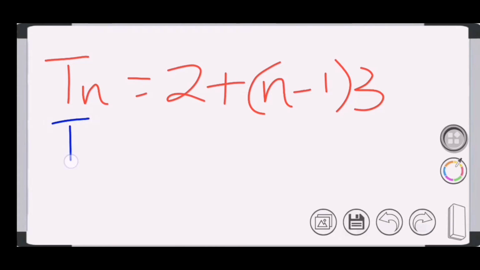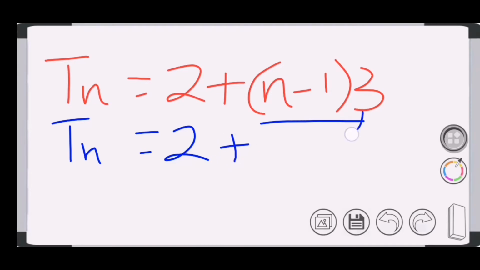So our Tn will be 2, which still remains. We have to solve the bracket first. Here we have to expand it, plus, now what is happening? The 3 is multiplying whatever that is inside the bracket. So 3 multiplies n, and that will give us 3n. Minus sign follows, so you write your minus sign. 3 then multiplies 1. 3 times 1 will give you a 3.